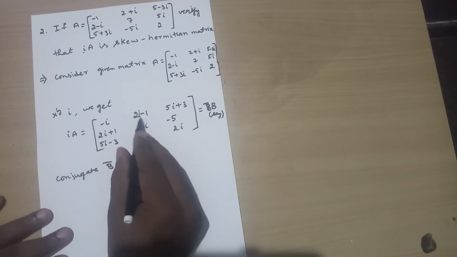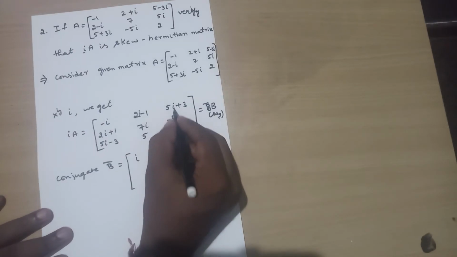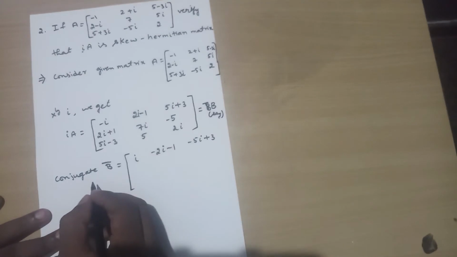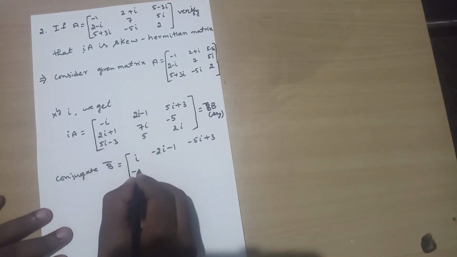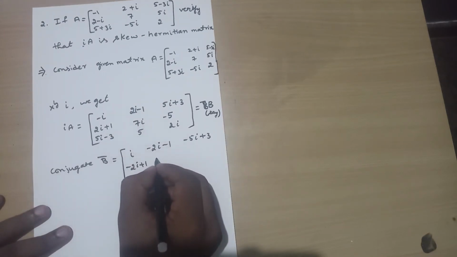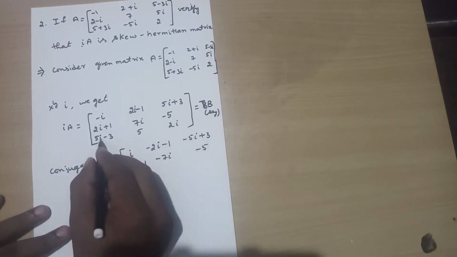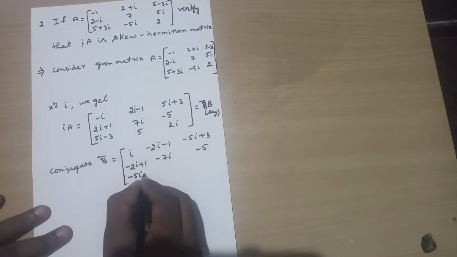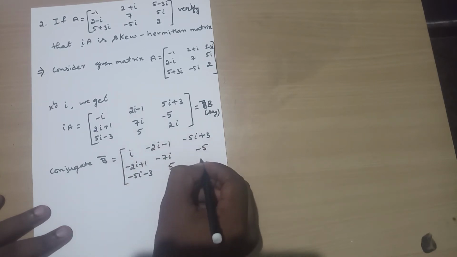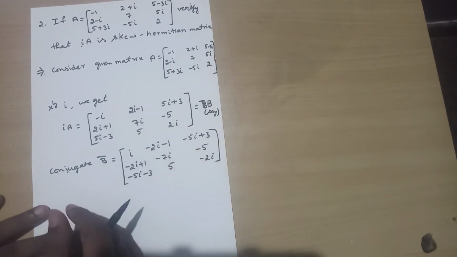This becomes plus i, and here minus 2i minus 1, and here we get minus 5i plus 3, and here minus 2i plus 1, and here minus 7i. So here minus 5 stays the same, so you get minus 5i minus 3, and here 5 stays as it is, so we get minus 2i. Now taking the transpose.